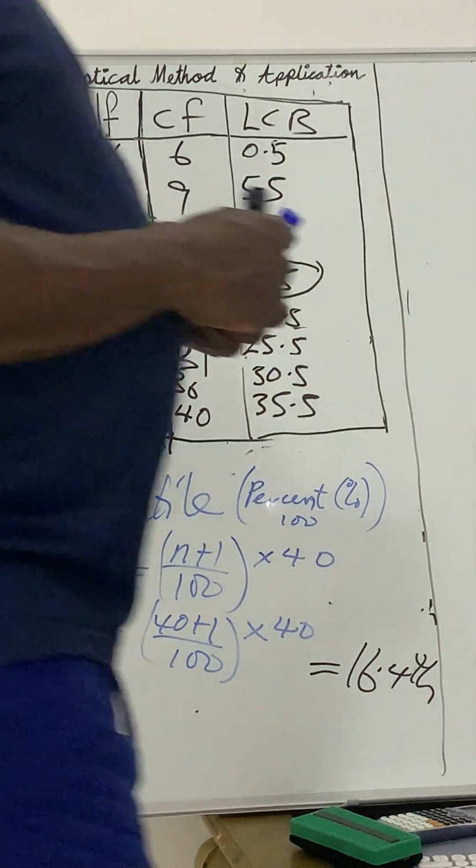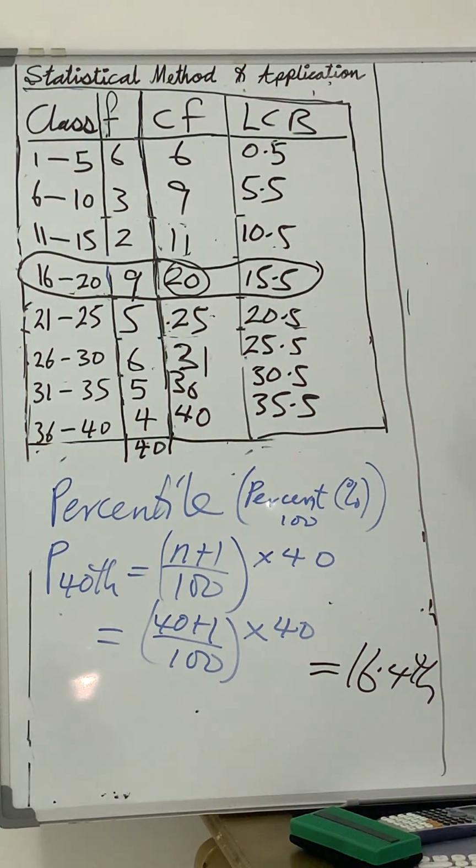So therefore, to compute the percentile, you are going to have a formula. P40 is not position, it's the main point.